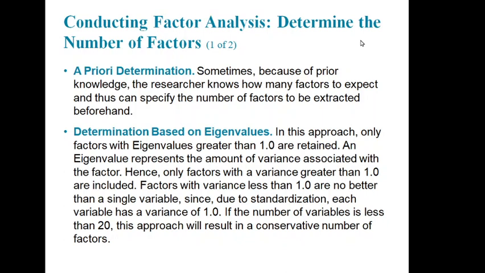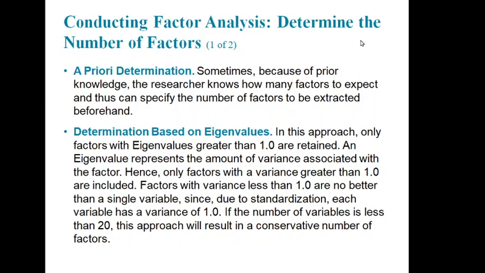Hence, only factors with a variance greater than 1 are included. Factors with variance less than 1 are no better than single variables, since due to the standardization, each variable has a variance of 1. If the number of variables is less than 20, this approach will result in a conservative number of factors.